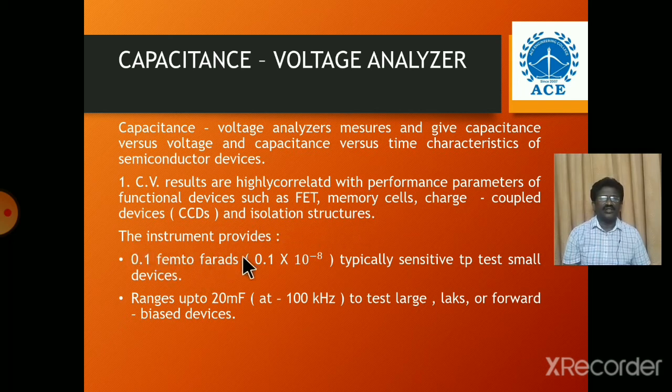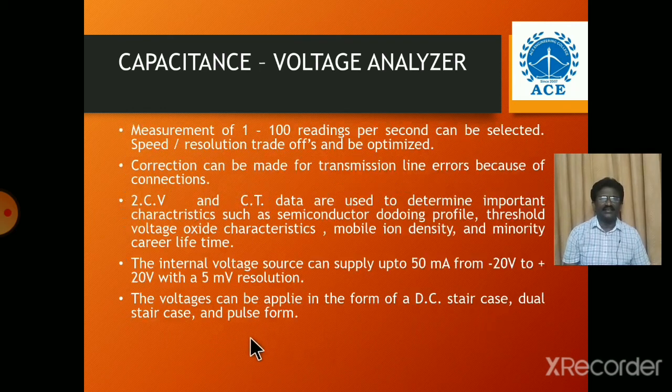The instrument provides 0.1 femtofarads, 0.1 times 10 to the power of -15, typical sensitivity to test small devices, with ranges up to 20 microfarads at 100 kilohertz to test large or forward biased devices.